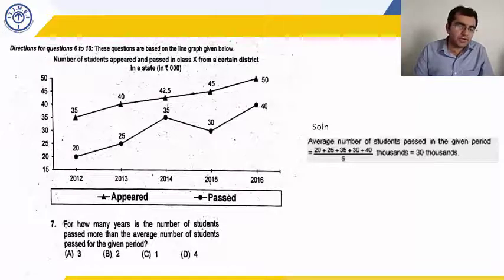Now you could have also calculated the average orally for this question, because you could have seen that for 20 and 40 the middle value is 30, for 25 and 35 the middle value is 30, and another 30. So that means the average has to be 30.